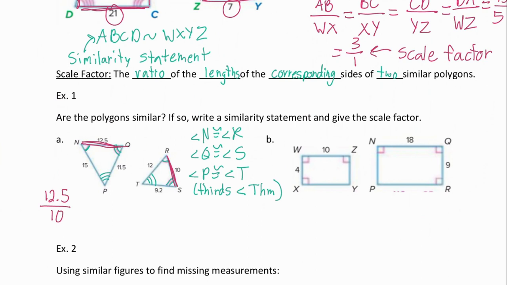We can double both of these to get a pretty number, and if we double the numerator, 25 over 20. And you can actually reduce those down as well, because both of those are divisible by 5. So this would be 5 over 4. So again, this is working with that first proportion of NQ over RS. If you decided to do a decimal, this decimal would end up being 1.25.